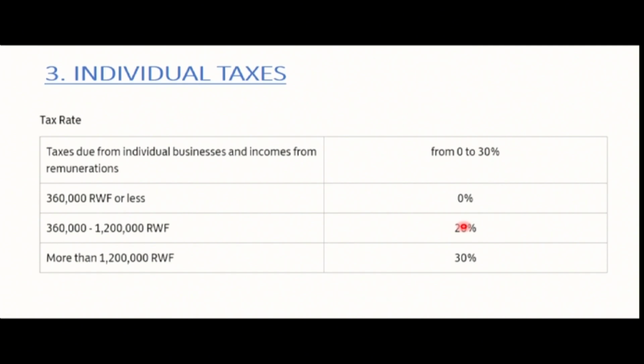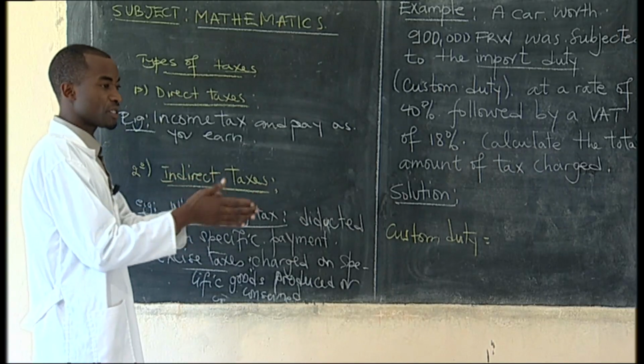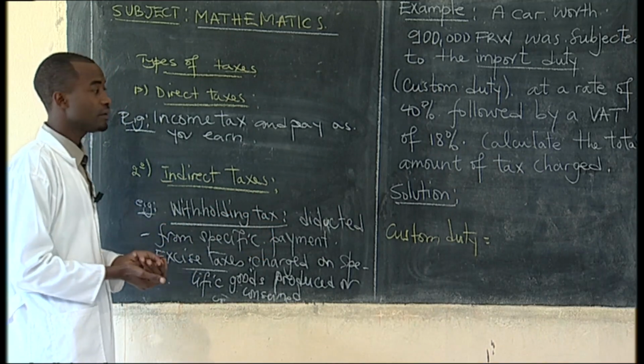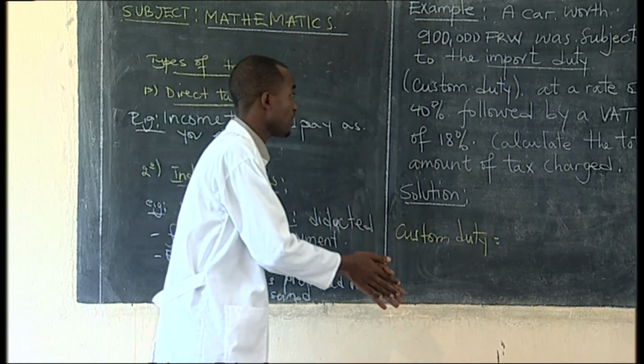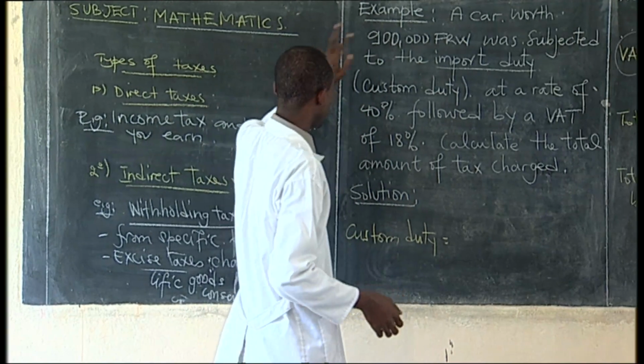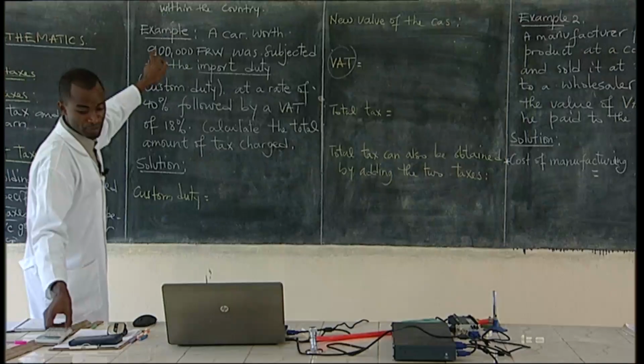So now, students, allow me to take you through the examples. We have so many different examples. You can learn more and get a lot of information regarding the taxes. It's a big subject, but of course, we limit ourselves to the level that we are at. If I take you through the examples, we have example number 1.